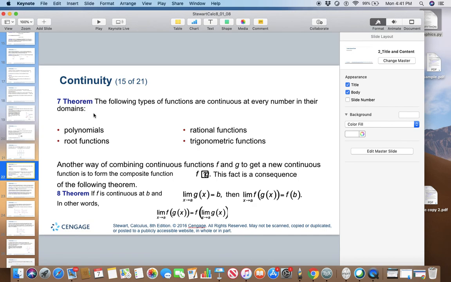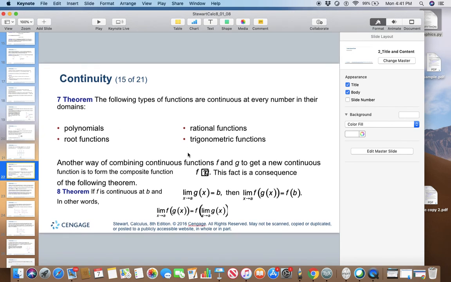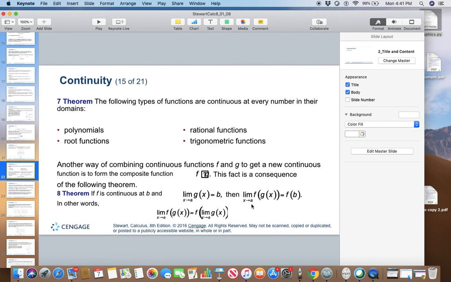Domain, it's important. Okay. Now, here is about composition, the composite. If f is continuous at b, so you see f composed g as x approaches a. Well, as x approaches a, when we look at a composition, we compute the inside first.